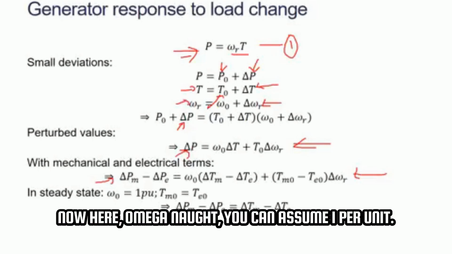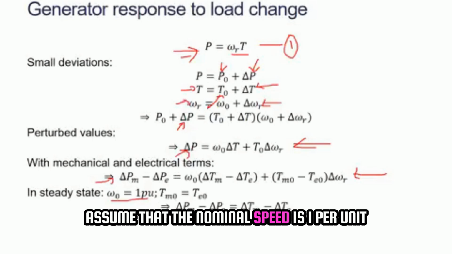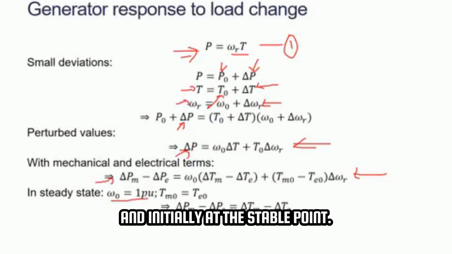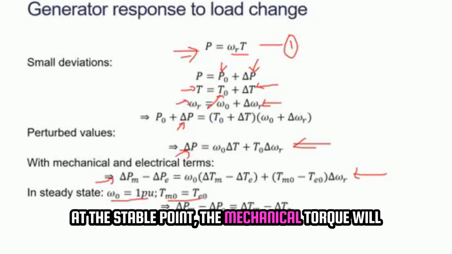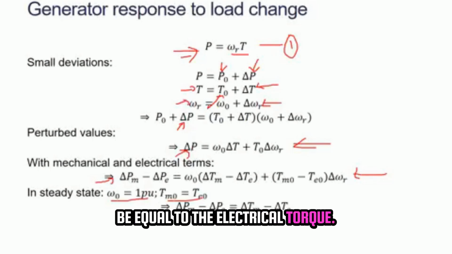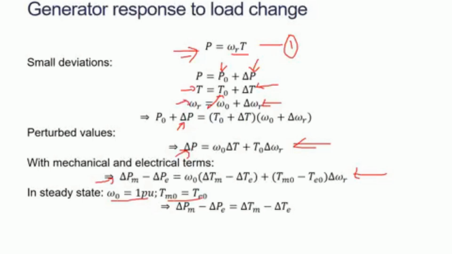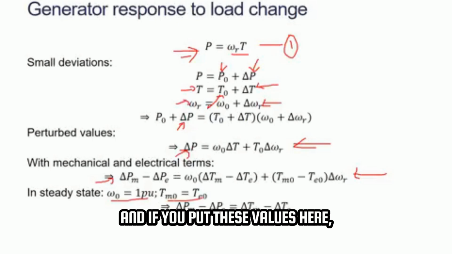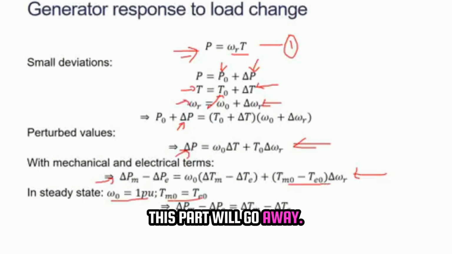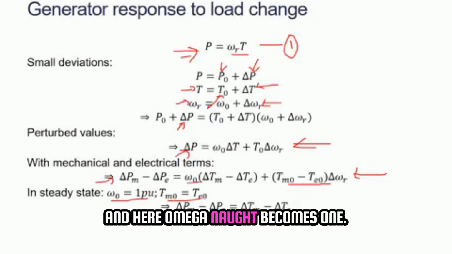Now here omega naught you can assume 1 per unit, assume the nominal speed is 1 per unit. Initially at the stable point, because we are again talking about the perturbed situations, the mechanical torque will be equal to the electrical torque. If we put these values here, this part will go away, this will be 0, and omega naught becomes 1.